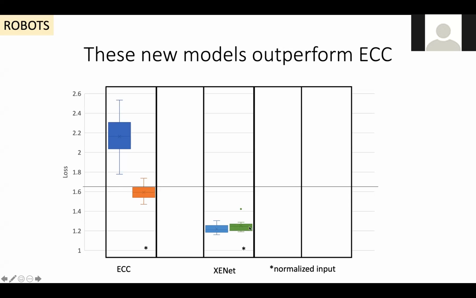Like maybe when you stray between layers like 2, 3, 4, 5 away from normalization, ECC just throws up its hands and gives up, where XCNet can handle it better.